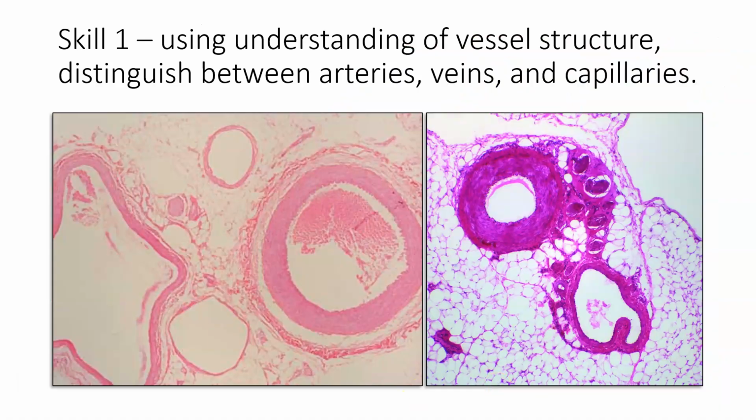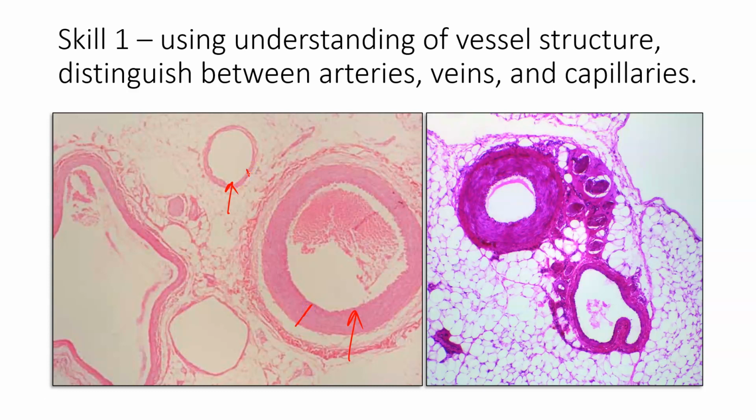Now, one of the skills associated with this topic is we have to understand vessel structure and be able to distinguish arteries from veins from capillaries within electron micrographs or light micrographs, okay? So when you look at this, you should be able to see a very apparent difference between, let's say, this vessel and this vessel, most noticeably in the wall thickness.